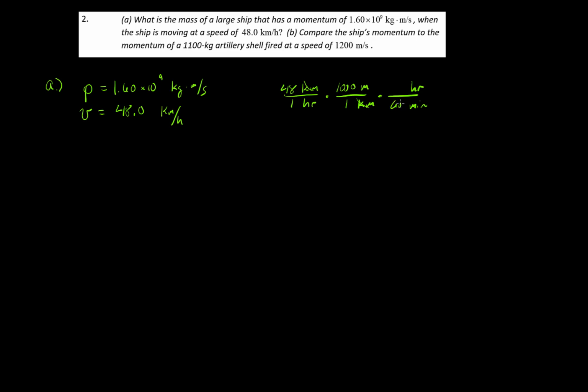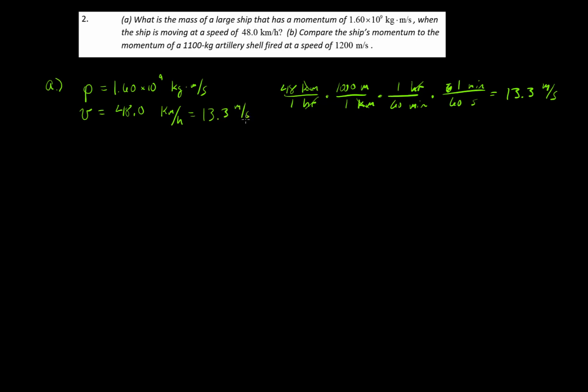There's 60 minutes in 1 hour, and then that cancels the hour, but we need to take minutes to seconds. 1 minute is 60 seconds. Let me calculate it. Okay, so we get about 13.3 meters per second.